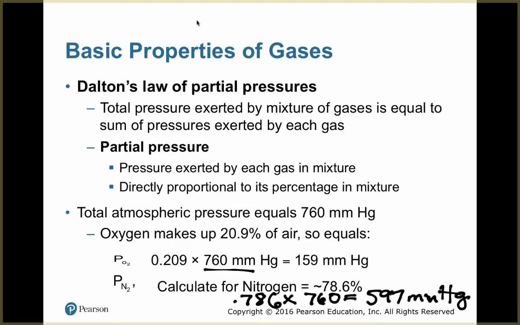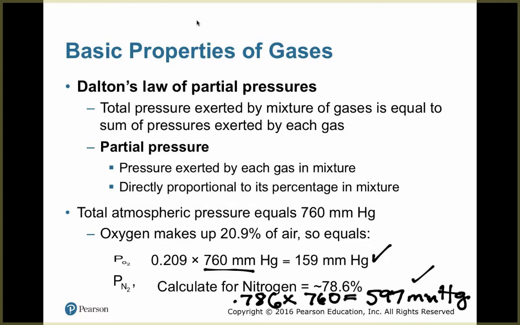And so essentially this is what you see. So you see 159 for oxygen, 597 for nitrogen approximately, because at sea level there's about 78% of nitrogen mixed into the air we breathe, about 20% oxygen.